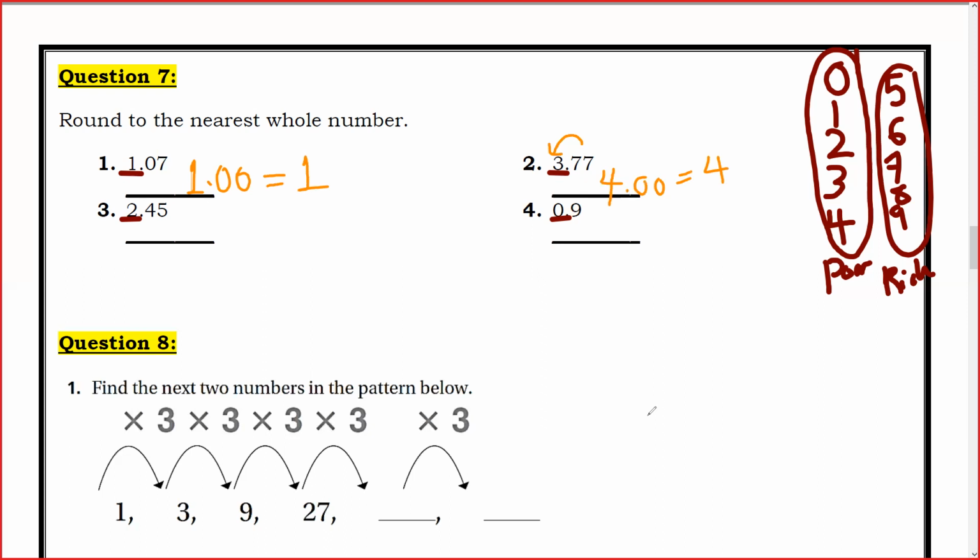So the number beside it is rich, so I add 1 plus because the number beside it is rich. Yeah, that's it. Number 3 now: 2.45. Look at number 2. I will look at the number before here. Let's choose who wants to answer.